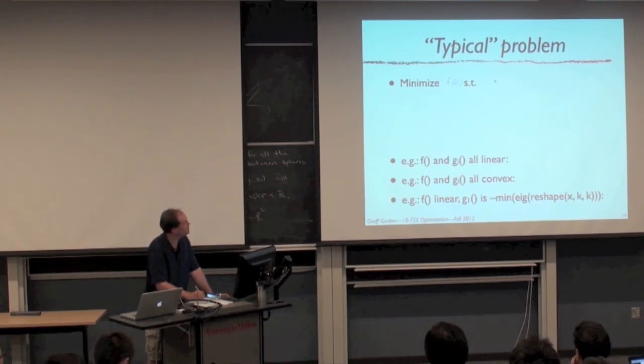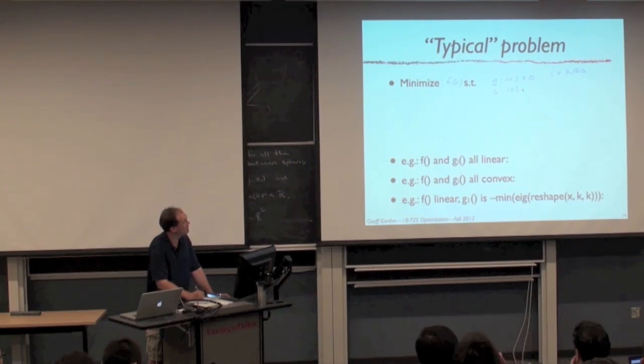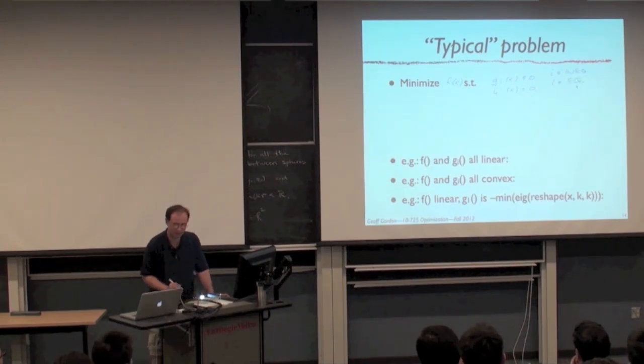The constraints are going to be gi of x is less than or equal to 0 for i in some index set, which I'll call the inequality constraints. And hi of x is equal to 0 for i in some index set, which I'll call the equality constraints.